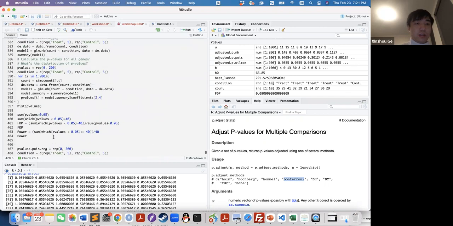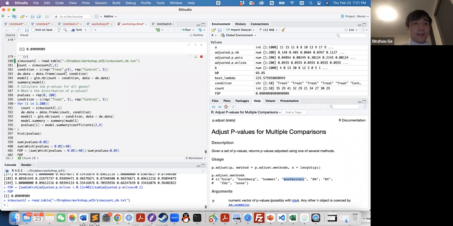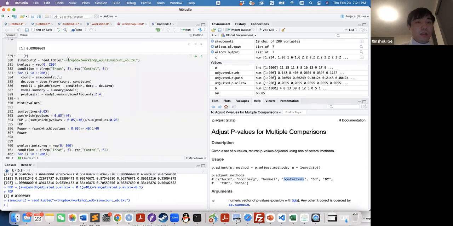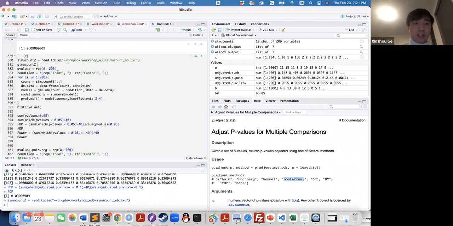Okay, so we still look at this dataset, and what we can do is to randomly sample this dataset for each column. So we can use the apply function. This function will apply the same function to each row or column.